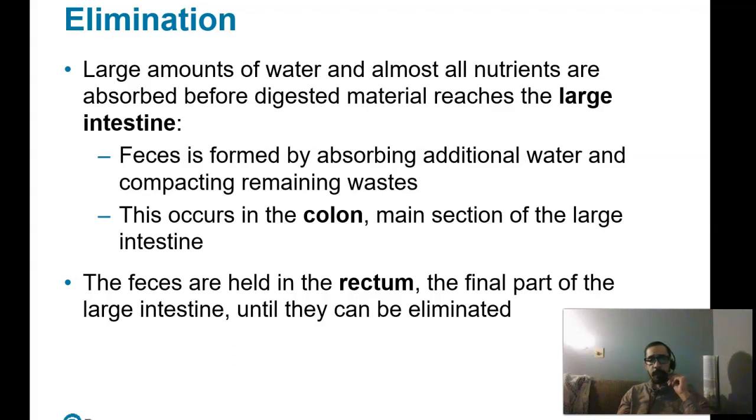This occurs in the colon, which is the main section of the large intestine. In humans, you have the ascending colon, the transverse colon, and then the descending colon. So that's where it takes place. And the feces are held in the rectum, the final part of the large intestine, where they're eliminated.